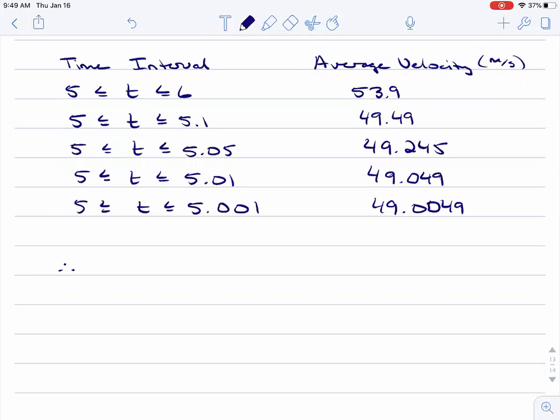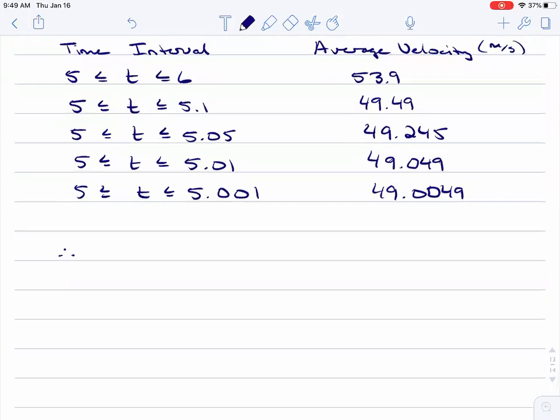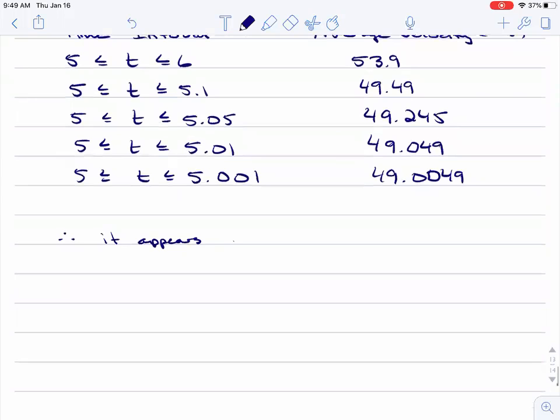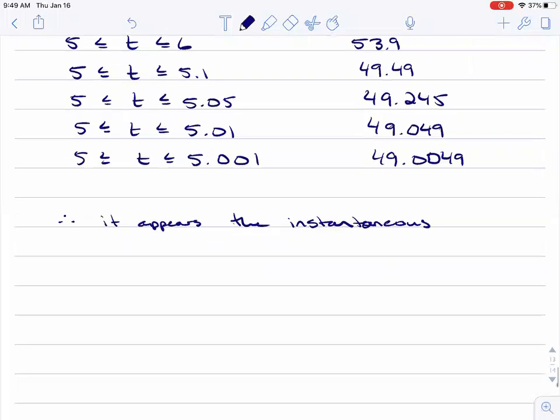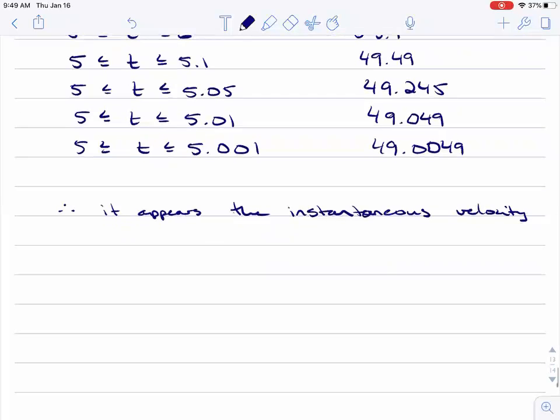Here, if we were just to keep going and going, it looks like it's going to approach 49. And so therefore, it appears the instantaneous velocity at t equals 5 is 49 meters per second.